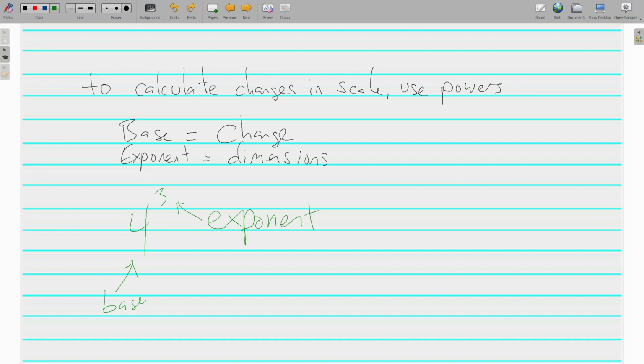The base is going to be our change in scale, and the exponent is going to be the dimensions of the figure that we're talking about. It doesn't make any sense yet, but it will when we get into our examples. Remember, base is your change in scale, and the exponent is the dimensions.